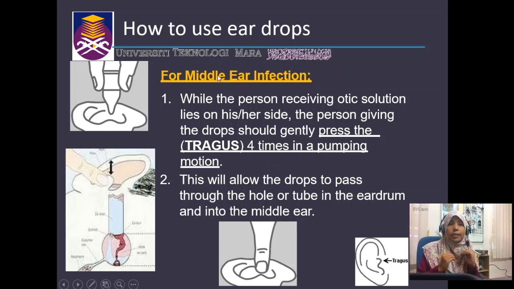While the person receiving Otic solution lies on his or her side, the person giving the drop should gently press the tragus 4 times in a pumping motion. Tragus is actually the middle part of our ear. So someone lies maybe on your lap, and then you drop the Otic preparation, and then you press the tragus 4 times. This will allow the drops to pass through the hole or tube in the eardrum and into the middle ear, because we target for our preparation to go to the middle part.